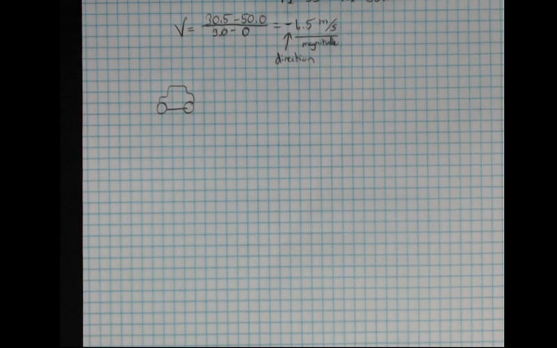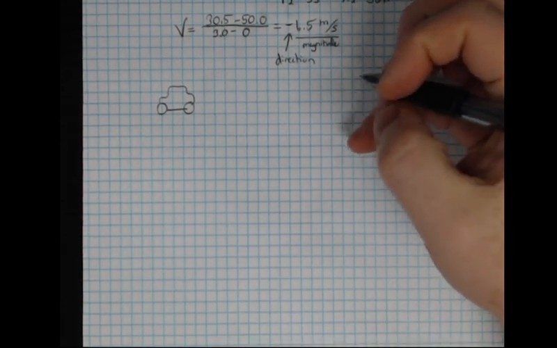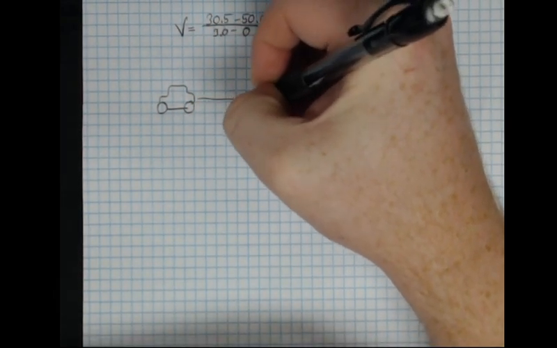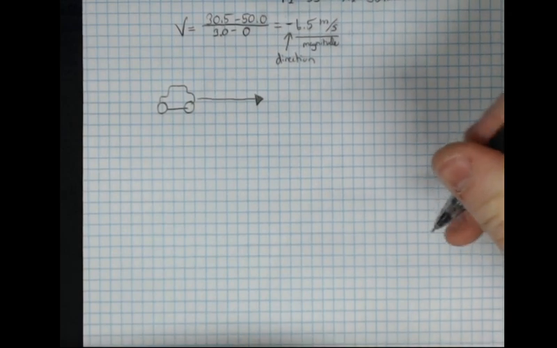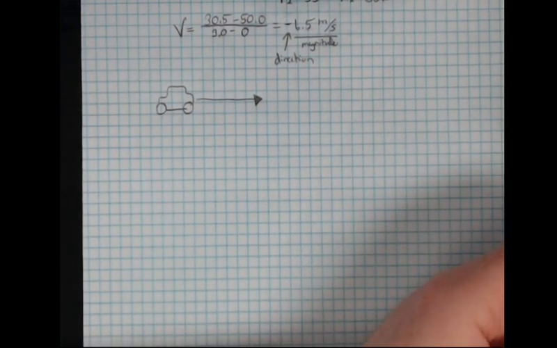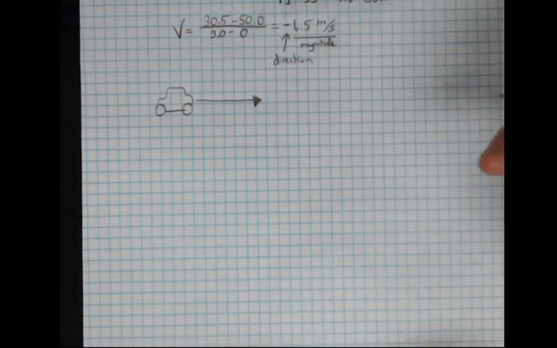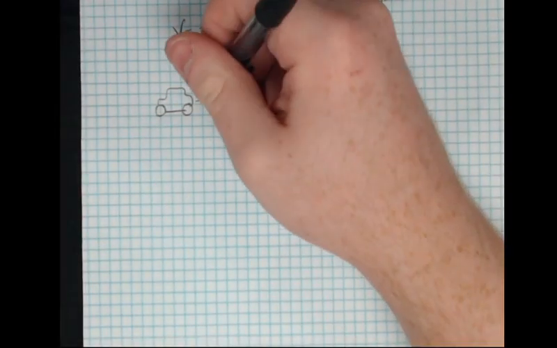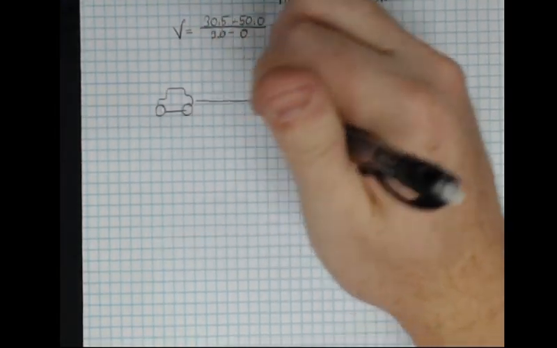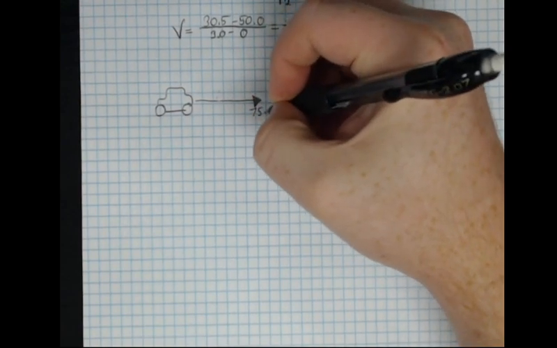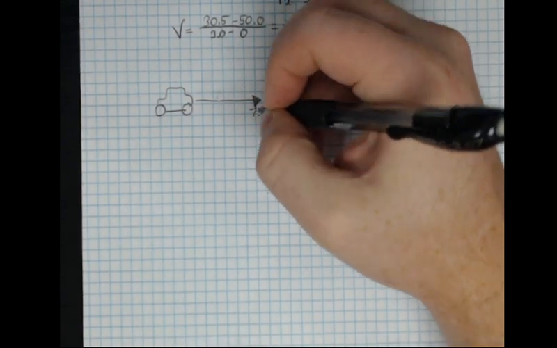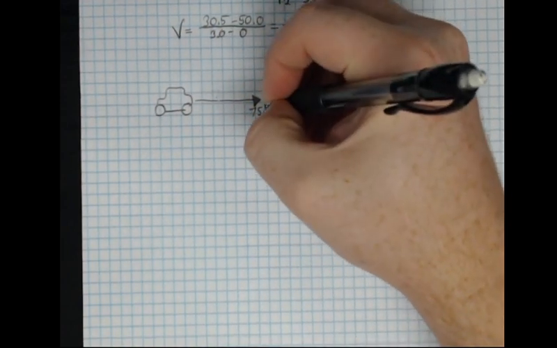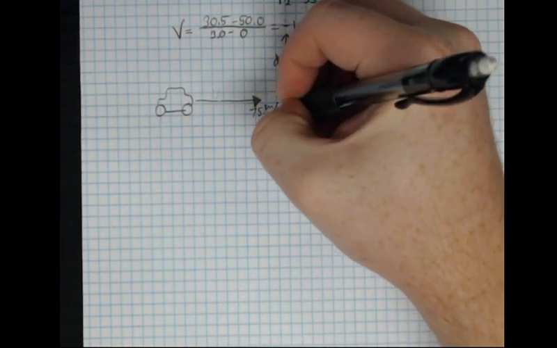This is the reason I'm not an art teacher, guys. I apologize. A car accelerates down a straight stretch of road. So it's going to go in this direction. And I'm assuming that because it says it's going from rest to 75 kilometers an hour, that's a positive number. So I'm going to assume because it's a positive number that it's going to the right. 75 kilometers an hour.